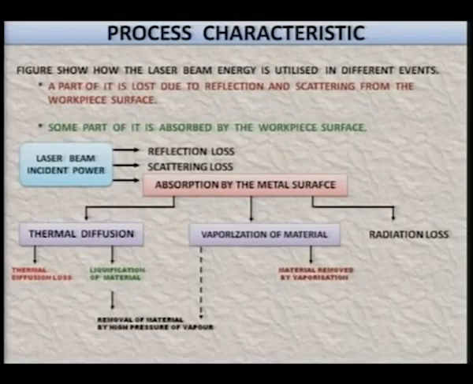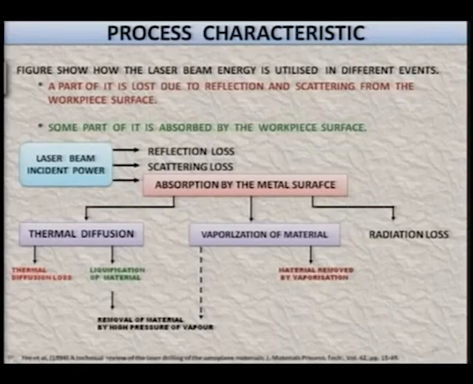Now, this particular diagram tells how the laser beam incident power is utilized. Some amount of the laser beam is lost due to reflection, part of it is lost due to scattering. Whatever amount is absorbed in the workpiece material surface is used for various activities, such as thermal diffusion.